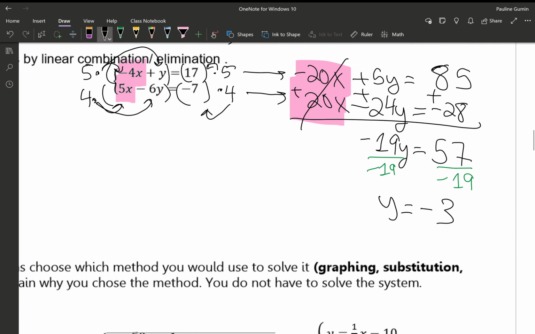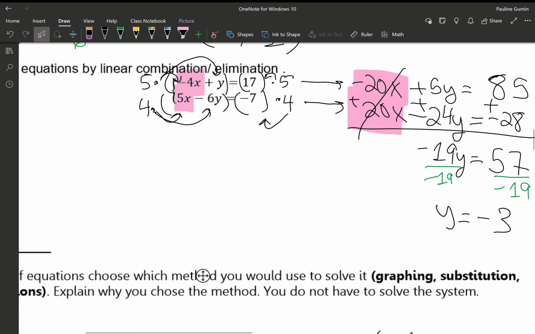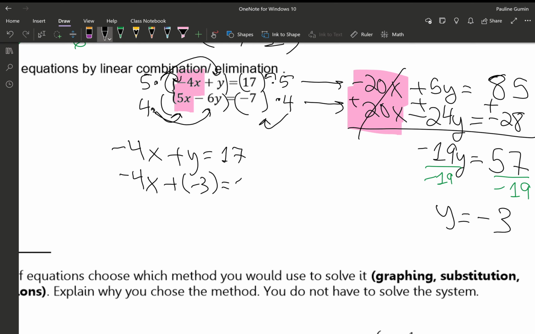All right, wonderful. We have y, so let's find x. To me, it looks like the top equation might be a little easier to use, so I'm going to rewrite the original, and I'm going to plug in what we got for y. And let's use yellow for y, because why not? Okay.